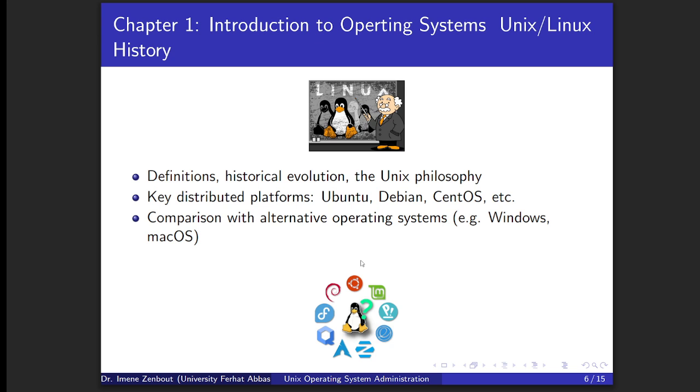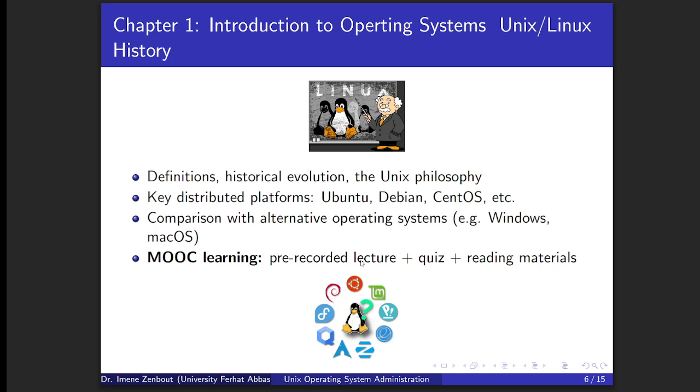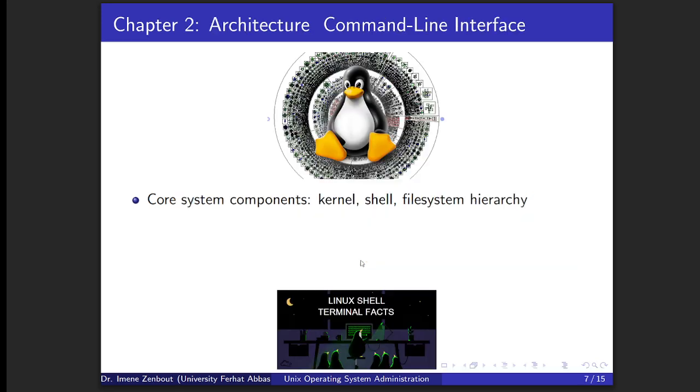So we will see the difference between a Unix-based system and a Windows system. This chapter will be a pre-recorded lecture since it is more theoretical, with quizzes to evaluate your learning and reading materials to enhance your knowledge.